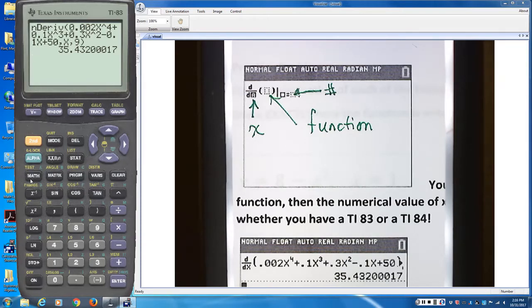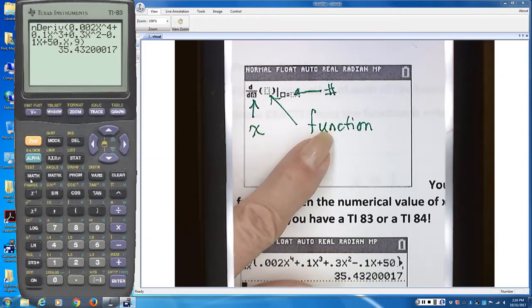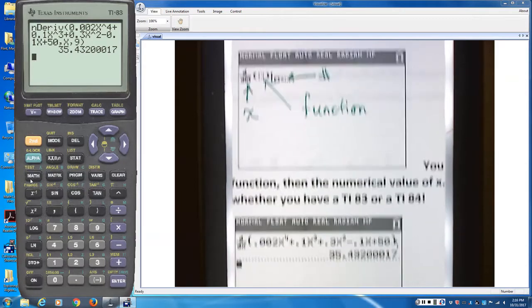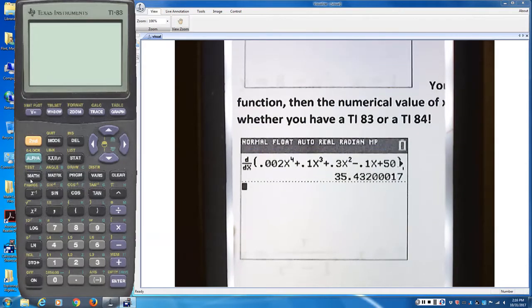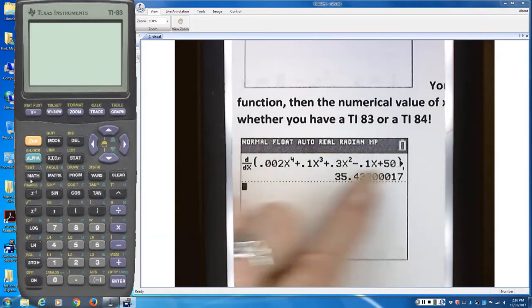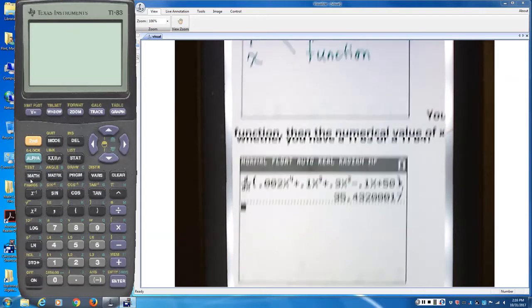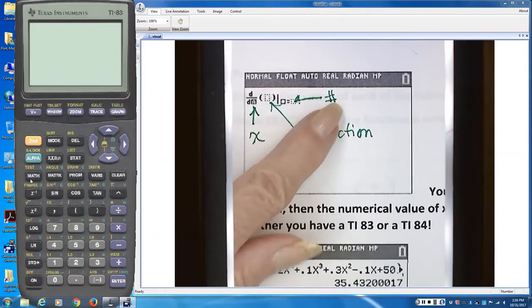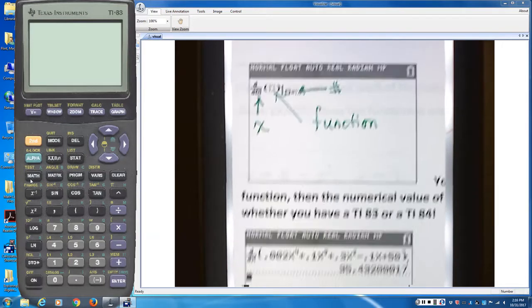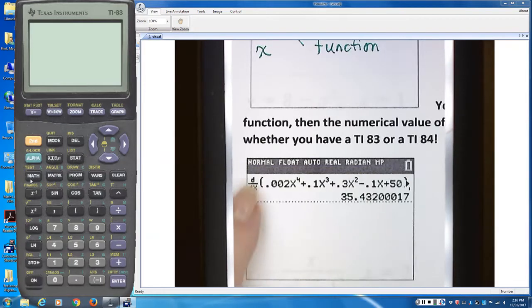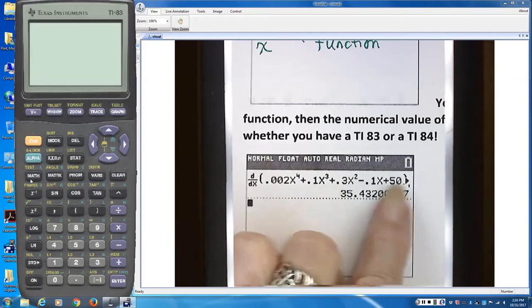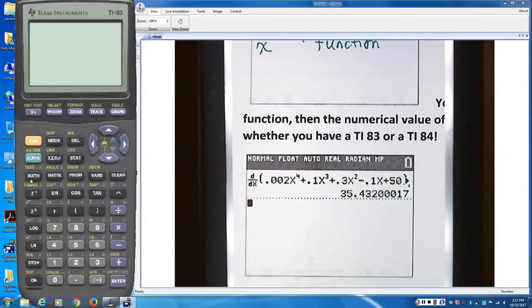So fill in those boxes with x, then your function, which I'm showing you right here, there's your function. And then at the very end, put in your 9. So if you do that, then your derivative with respect to x of this function evaluated at 9 is going to come out to be exactly what I got on the 83.